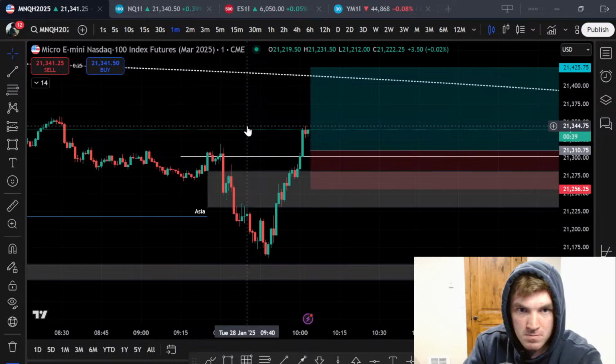Yeah, look at how the 5-minute inversed. So yeah, my stop is below the breaker here.